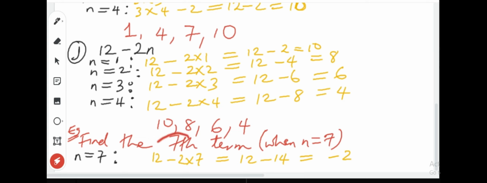So any term, you just substitute that term for n. 7th term means n equal to 7, 5th term means n equal to 5, and so on.